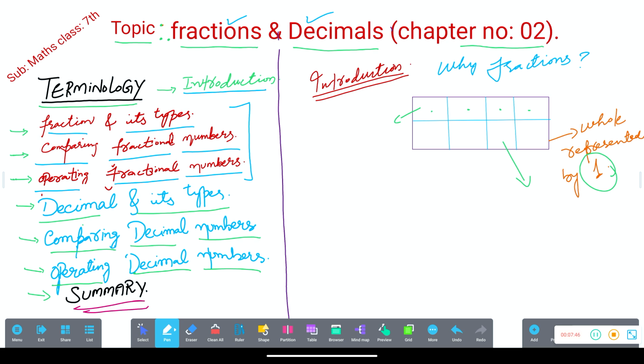Now the whole is denoted by 1. But how to represent this part? How to represent the 8th part out of 8 parts? How to represent one of the parts out of the 8 parts?